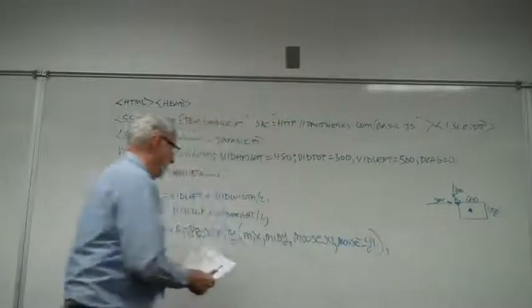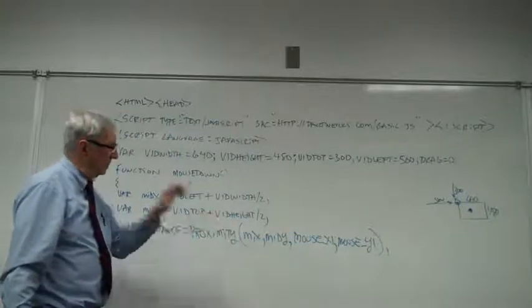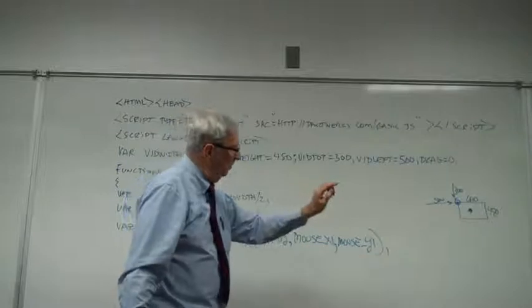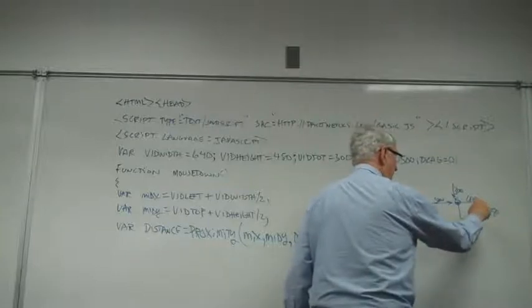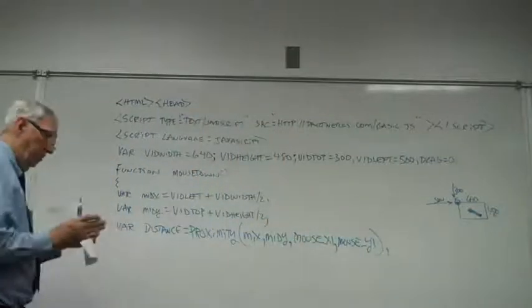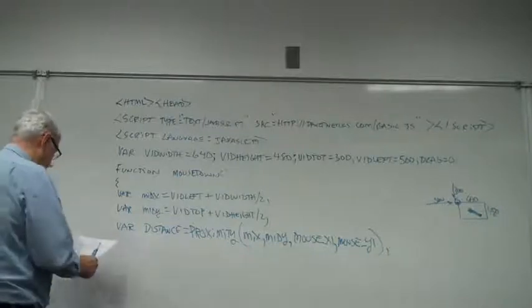There it is. So what happens is I say midX and midY is the midpoint of the image, and mouseX and mouseY is where the mouse is located. So if mouseX and mouseY are right here, and midX and midY are here, that's the distance between, and that's the distance I get right here, whatever that distance is. So if that distance is short enough, I say, okay, turn drag on, because we've actually grabbed a hold of it.